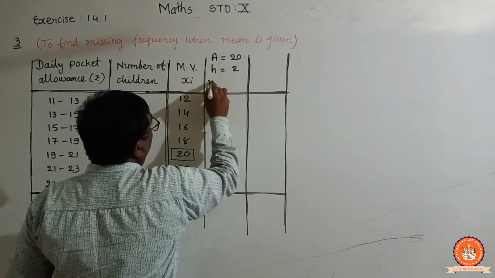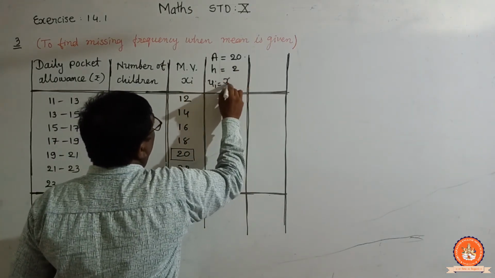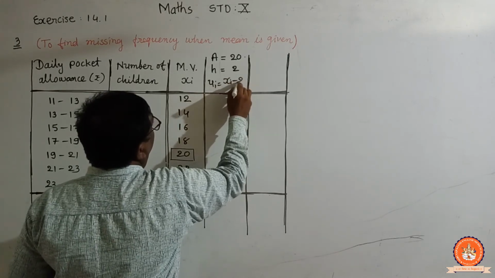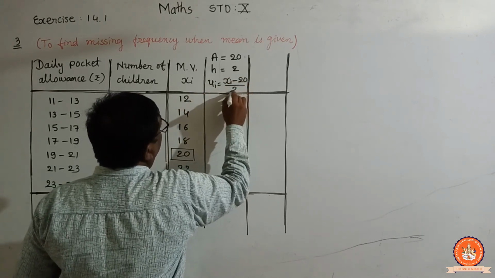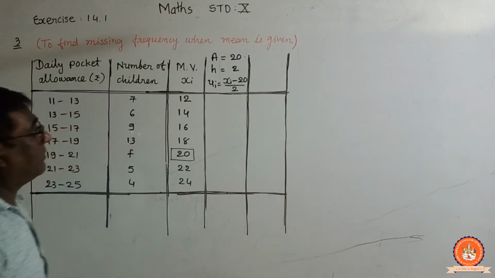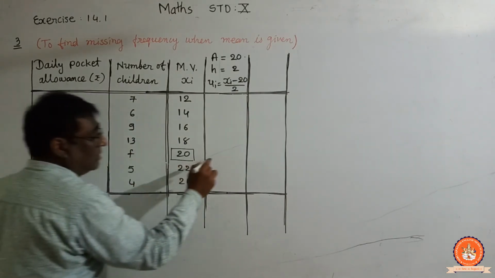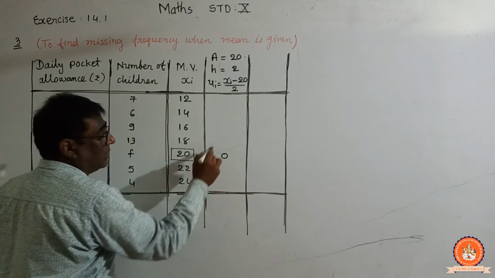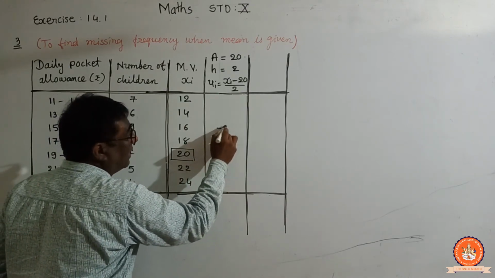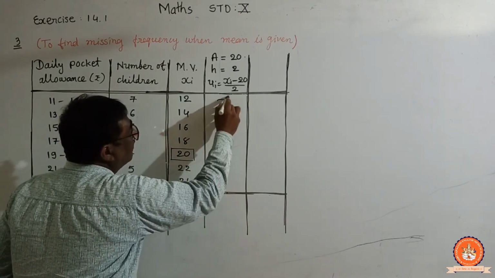Okay, now ui is equal to xi minus 20 divided by 2. So every time, as usual, it will be 0 here, minus 1, minus 2, minus 3 and minus 4.